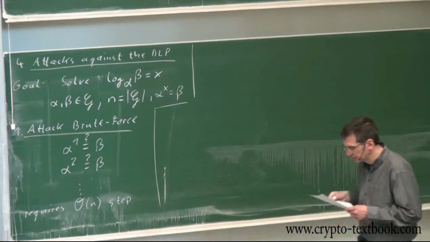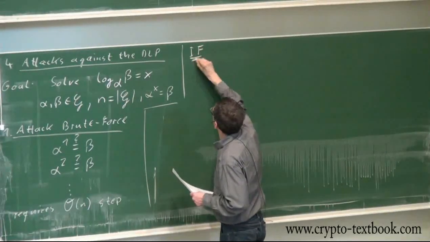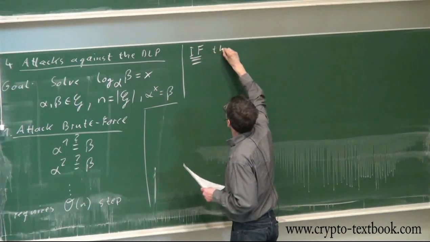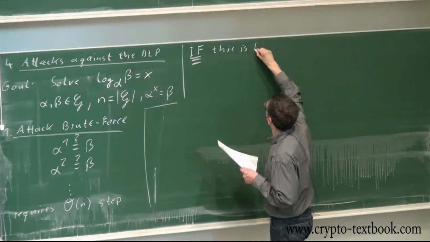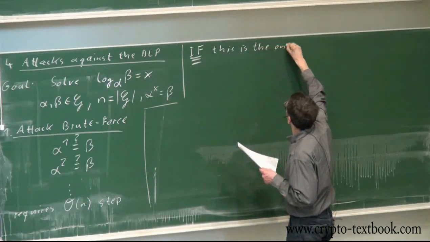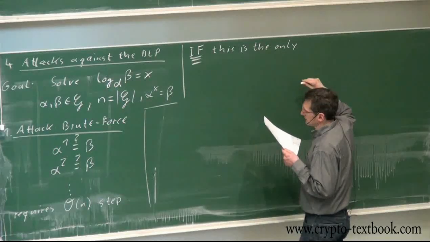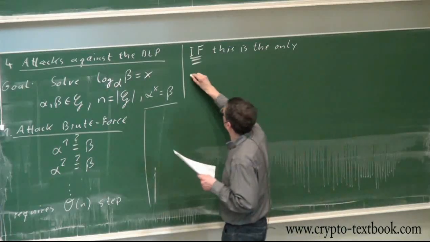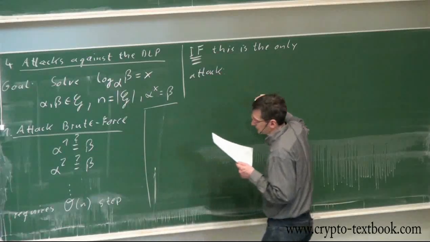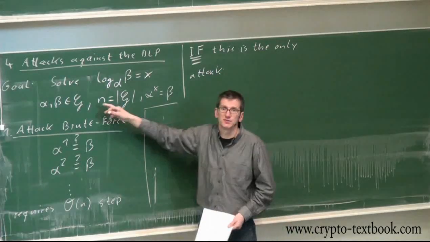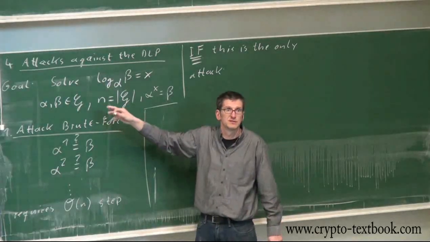Okay, so if this were the only attack, how large do we have to, that's what we really want to talk about, how big is this group that we need here?